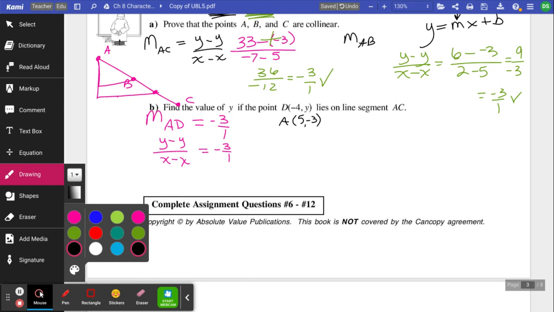So let's start with this one. I'm going to say y minus, and then I'm going to pick this y value, which is negative 3, over negative 4 minus 5. That's supposed to be equal to negative 3 over 1.